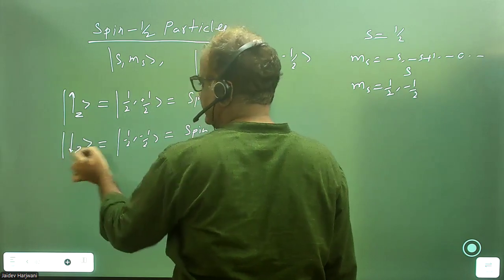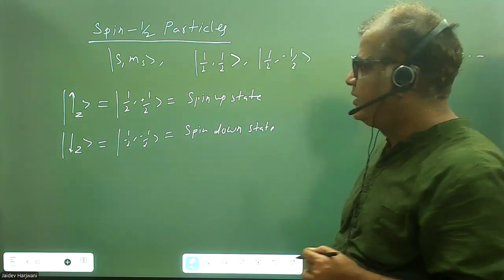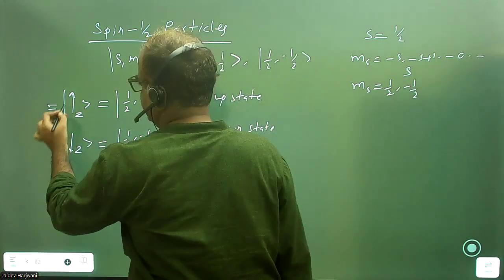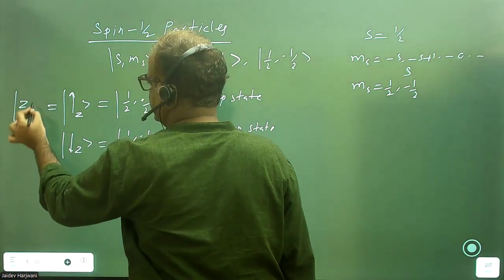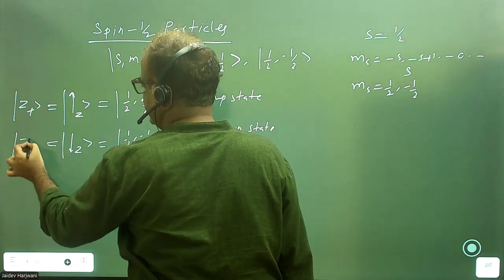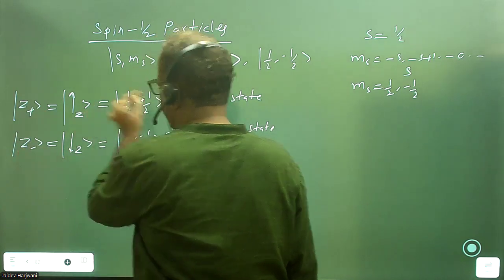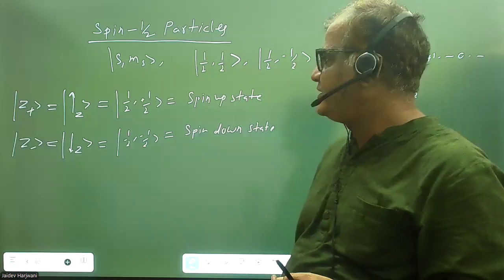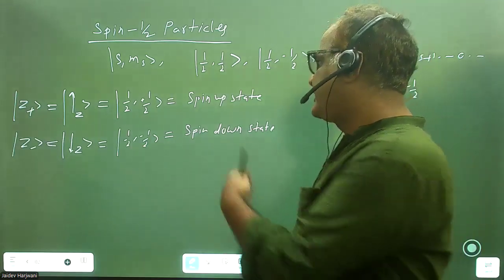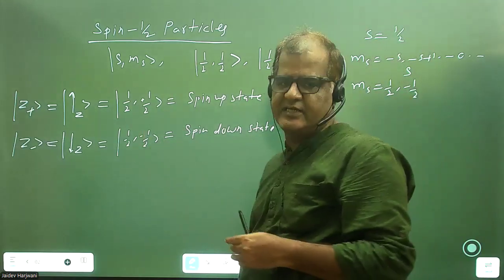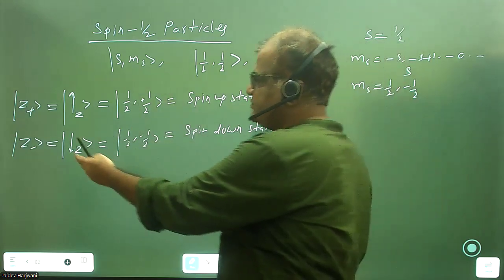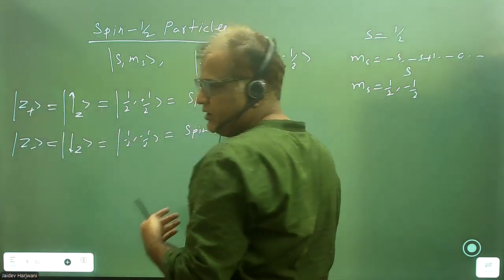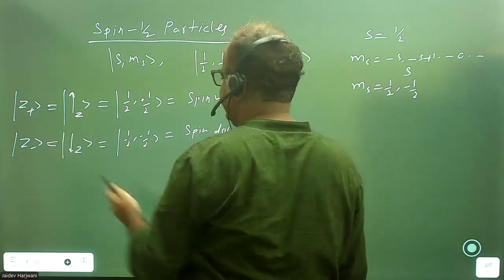Similarly this state is represented in this way. I usually represent this state by Z plus, and this by Z minus. So these are the eigenstates of Sz, spin states in the Z direction. If the states are in the X direction, we write X or Y.